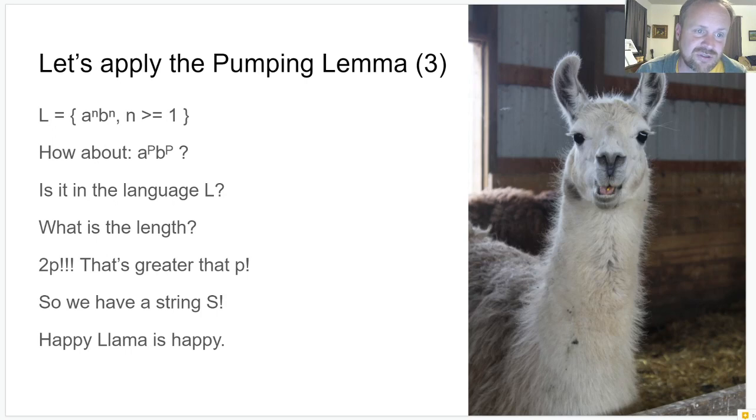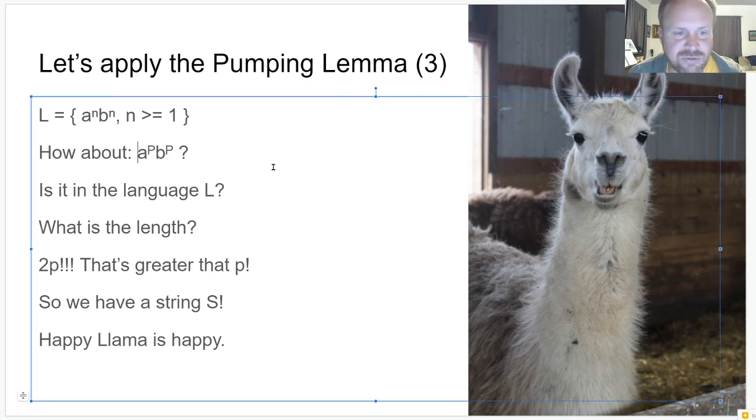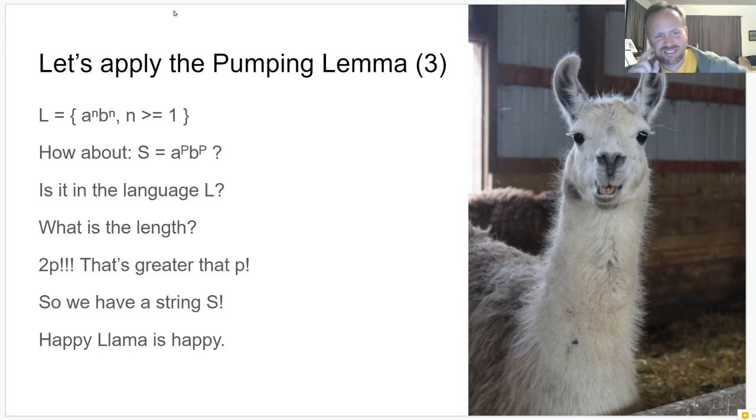So how can we choose a better string? The key is to put the string itself in terms of P. So let's choose a string S equal to A to the P, B to the P. Now in this case, is it in the language L?